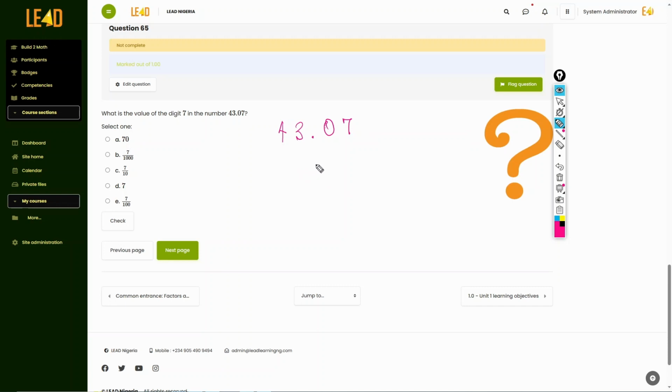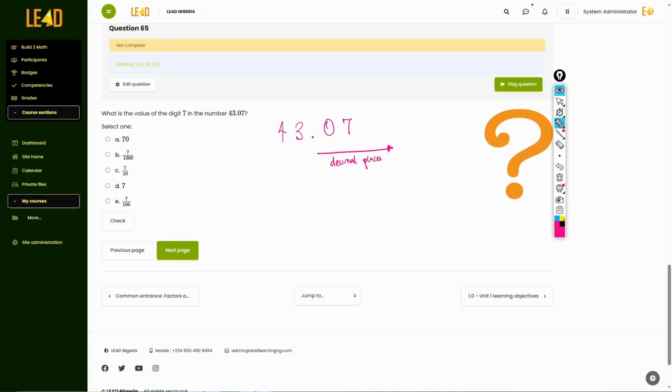Okay, so the 7 is in the decimal places.